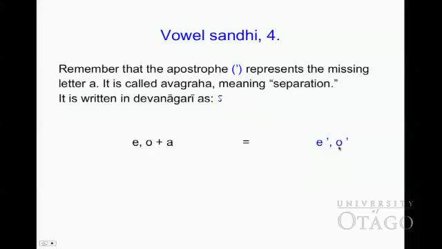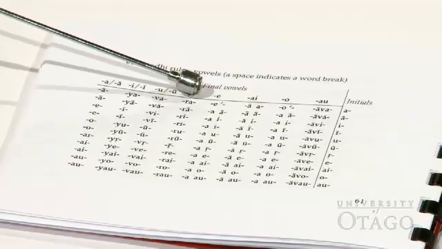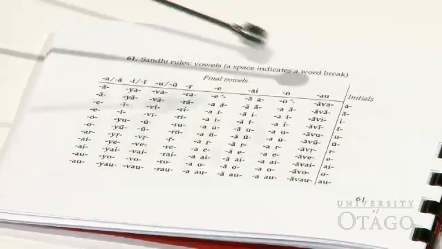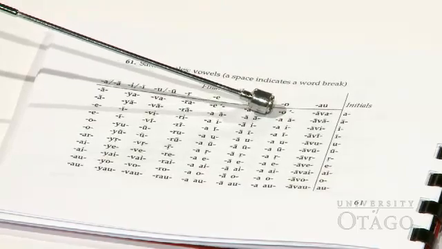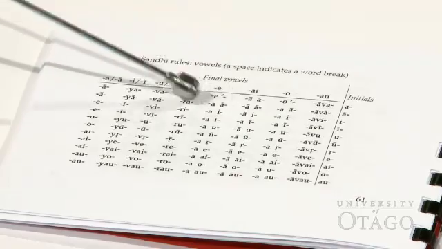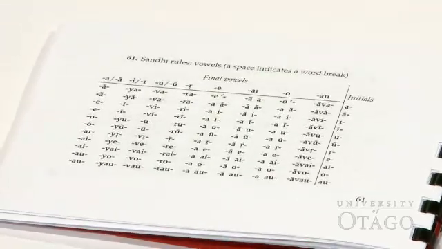You can see from this chart here, E plus A will be E apostrophe, and O plus A will be O apostrophe. These two, that is rule number 4.